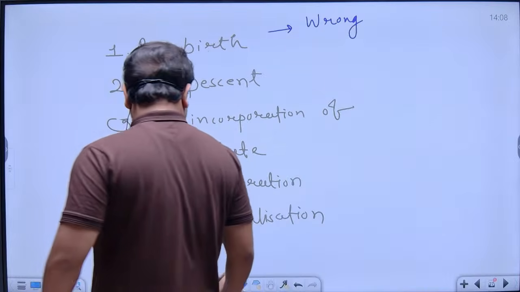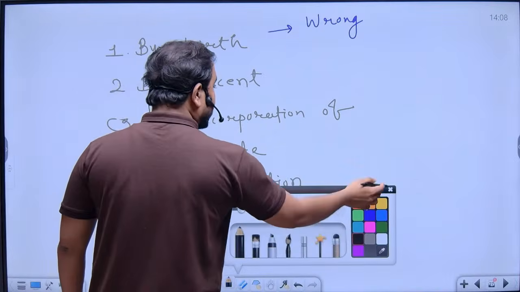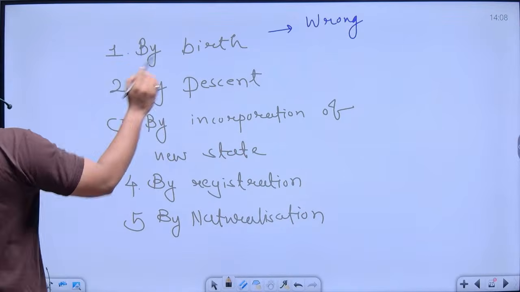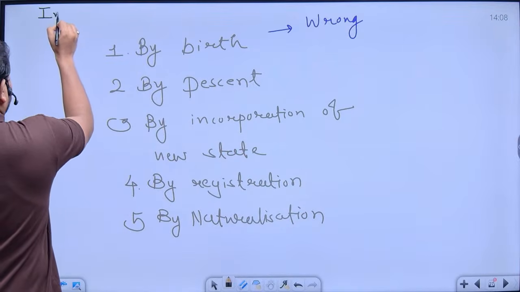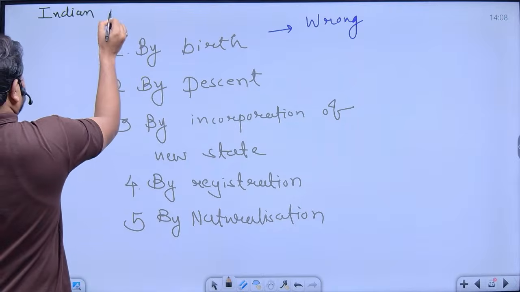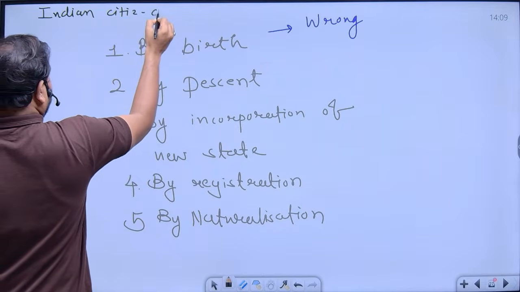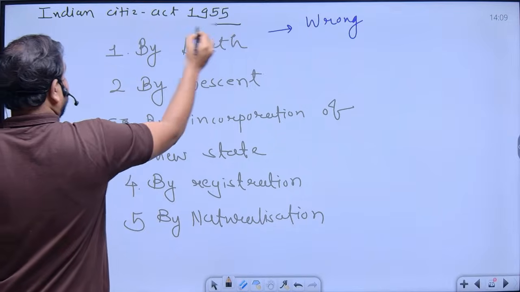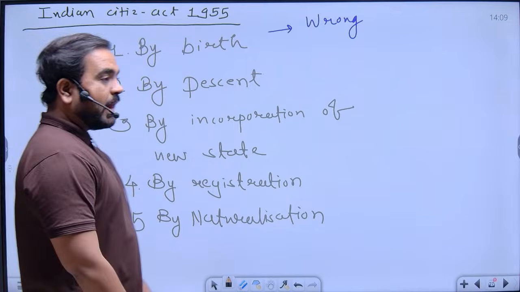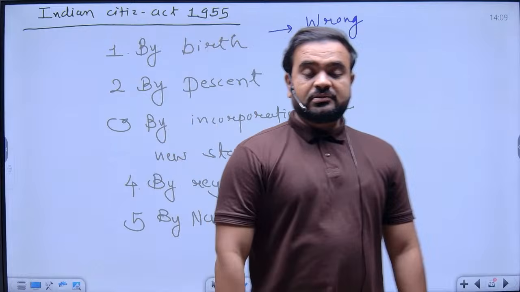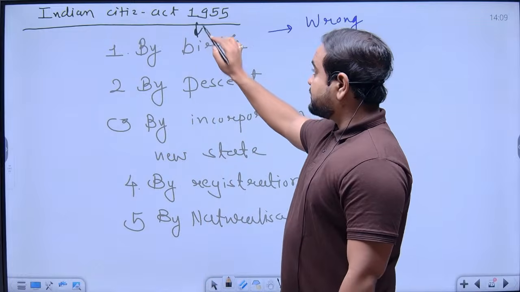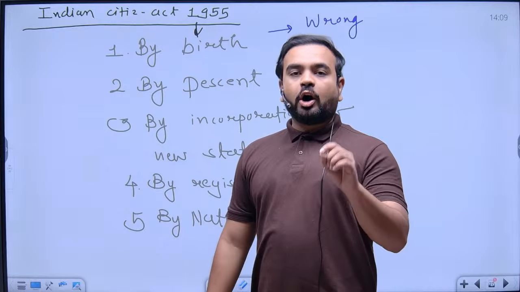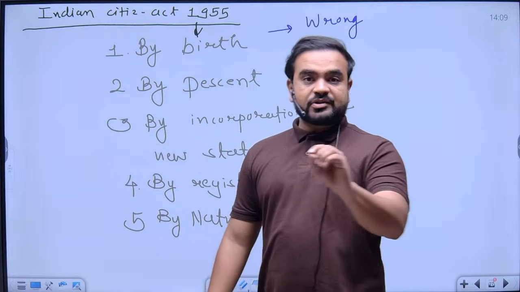Because these ways of attaining the citizenship of India are actually written in the Indian Citizenship Act 1955. There was one act passed by the parliament, and after passing that act, these 5 ways were mentioned in that particular law. So these ways are not mentioned in the Constitution.